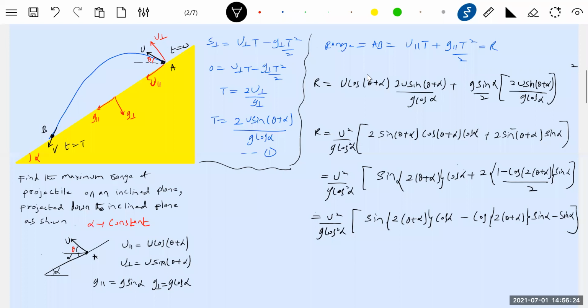Sine A cos B, cos A sine B, then this is plus. So this will become sine of 2 theta plus sine alpha.